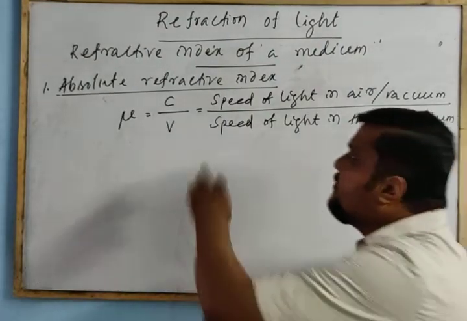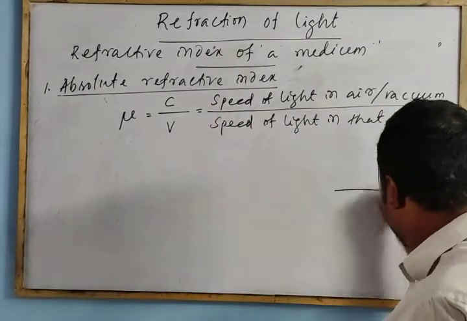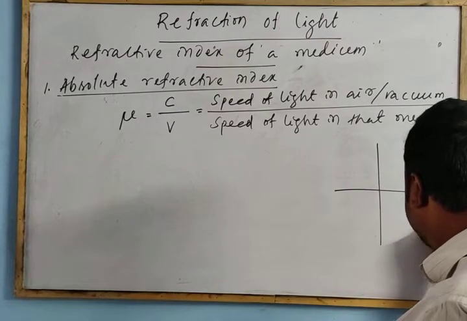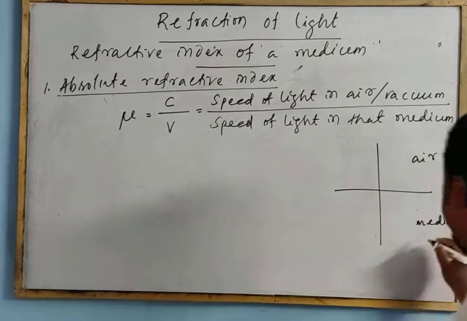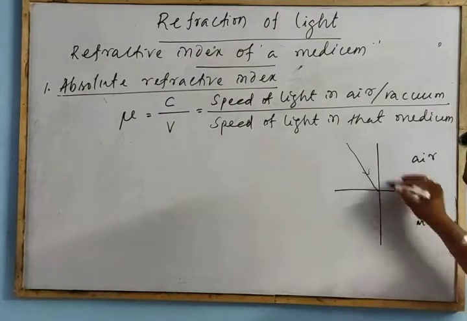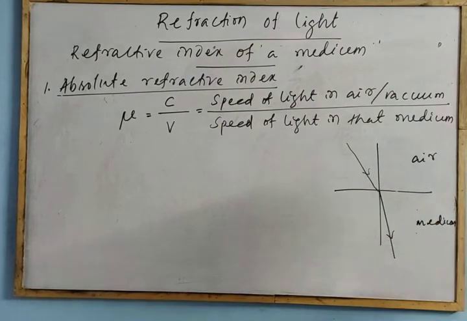Here in this case, if a ray is there, this medium should be the air medium and this is any other medium. The ray travels from air and enters this medium.